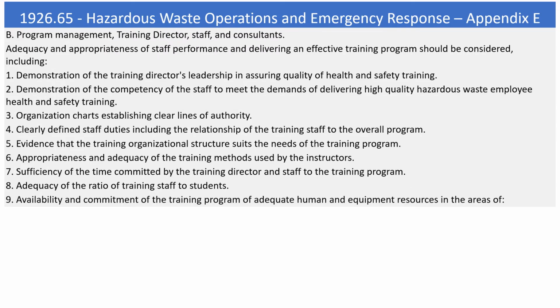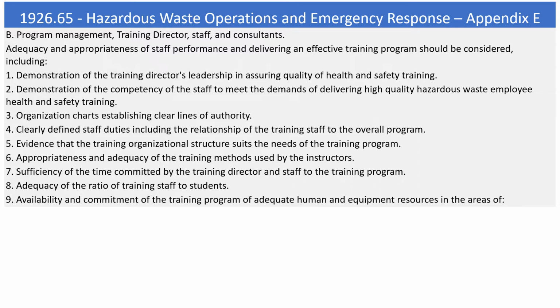B. Program management, training director, staff, and consultants. Adequacy and appropriateness of staff performance in delivering an effective training program should be considered, including 1. Demonstration of the training director's leadership in assuring quality of health and safety training. 2.